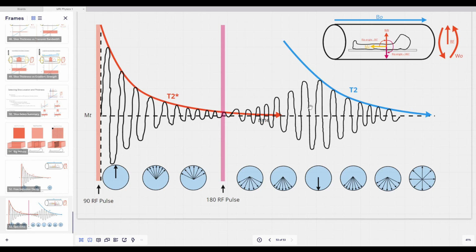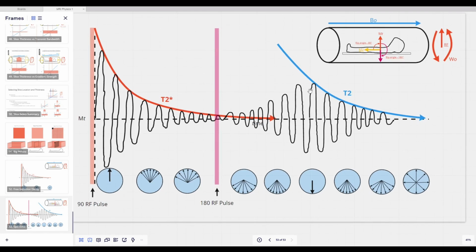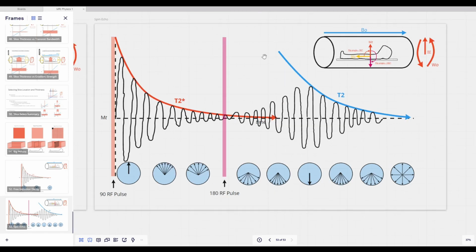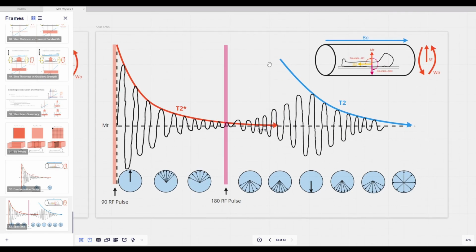We measure it during our echo, okay? Because this curve, as the echo decays, is our idealized T2 curve. That's why we use an echo. That's the whole idea of the spin echo.